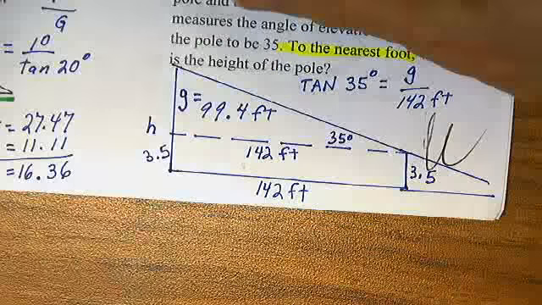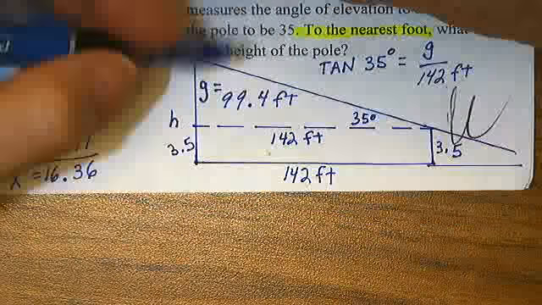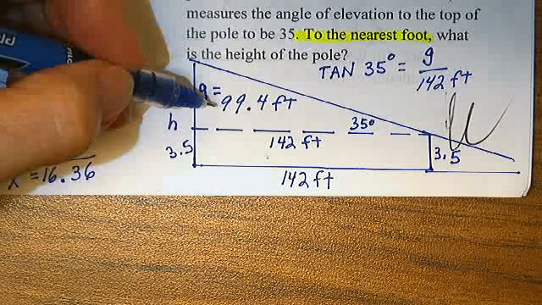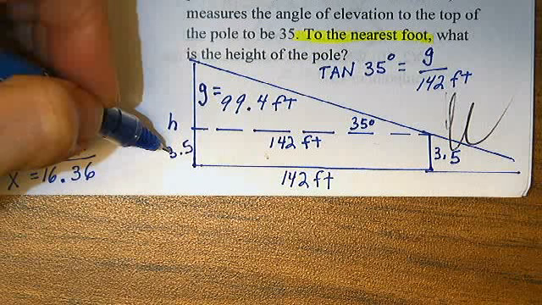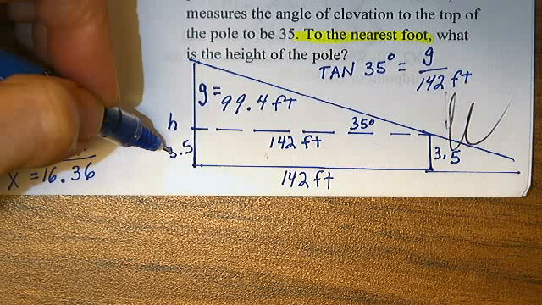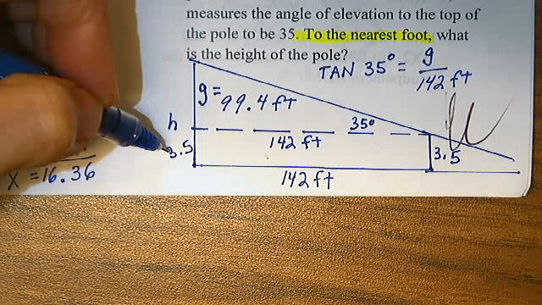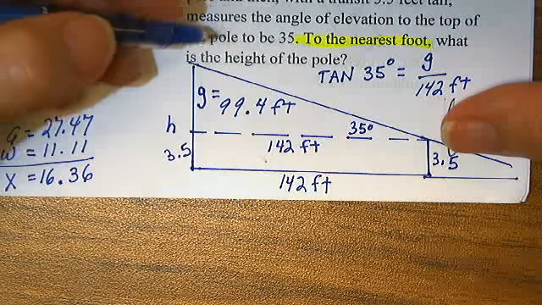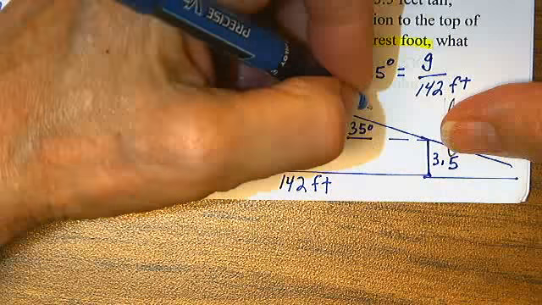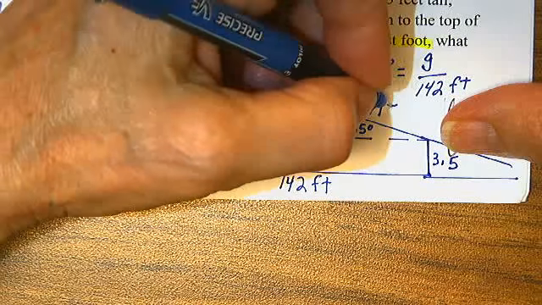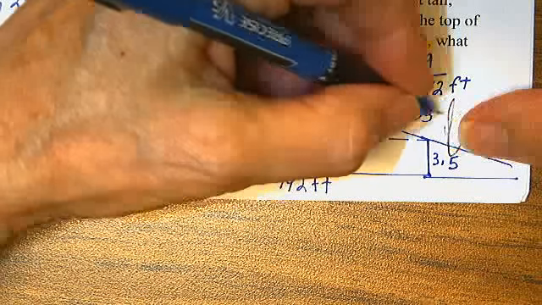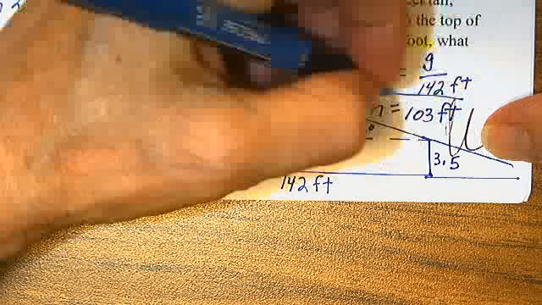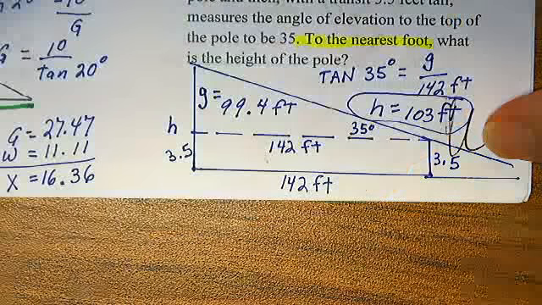So to the nearest foot is 99.4 plus 3.5, which is 102.9. The answer to my question is H is equal to 103 feet. We are right, and we can prove it.